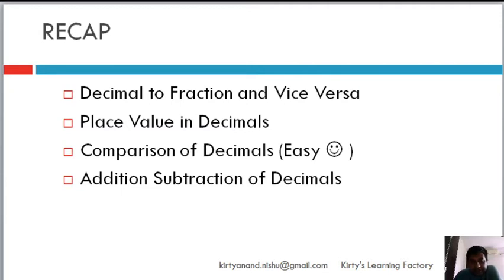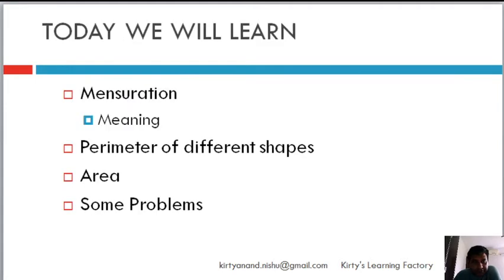And then we learned addition and subtraction of decimals. Once again, very easy, but we just have to superimpose the decimal and then do it. So if you have missed any of this, I will request you to go back to the previous video and see it. All the information and knowledge is there.